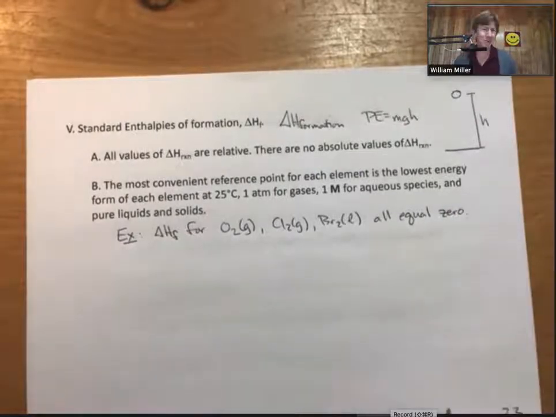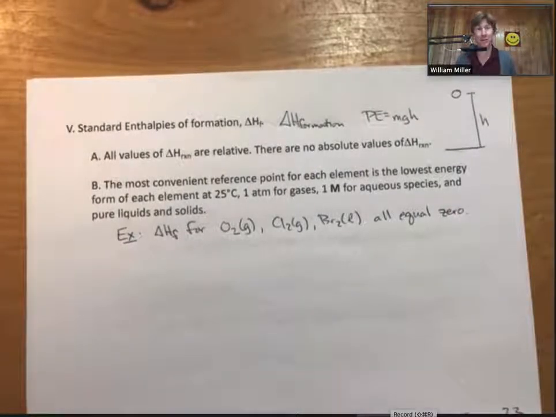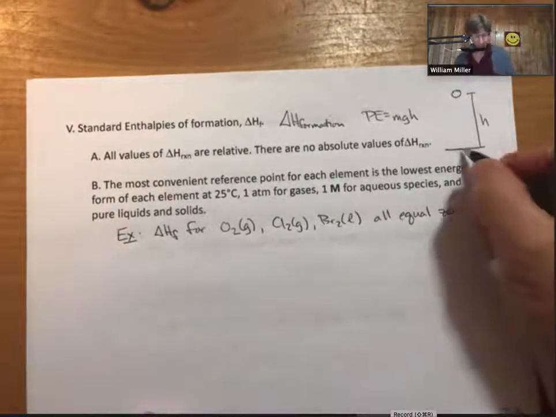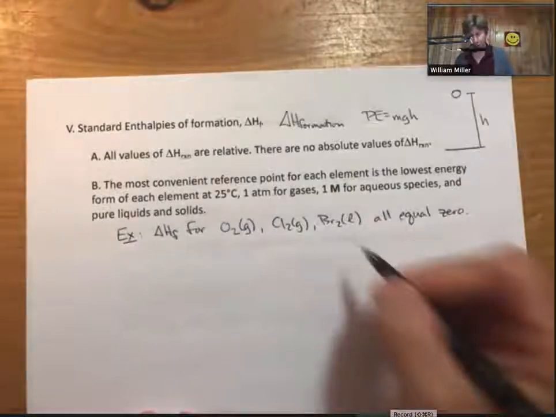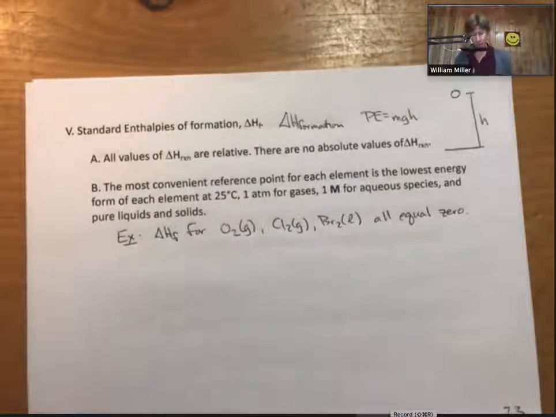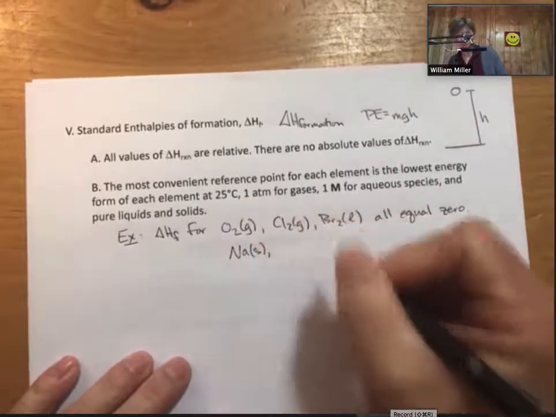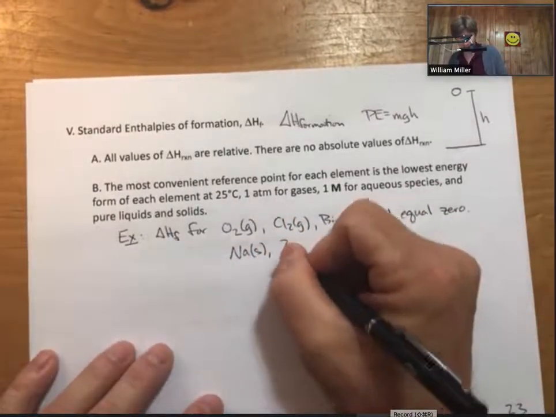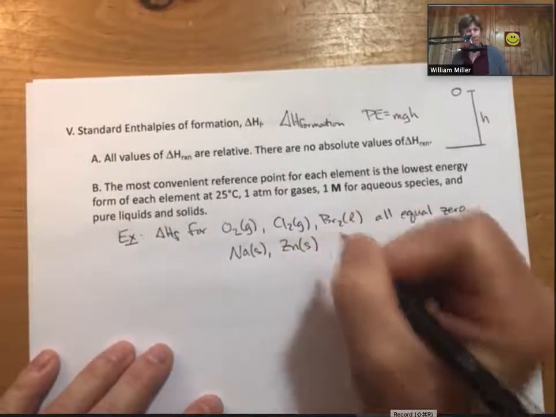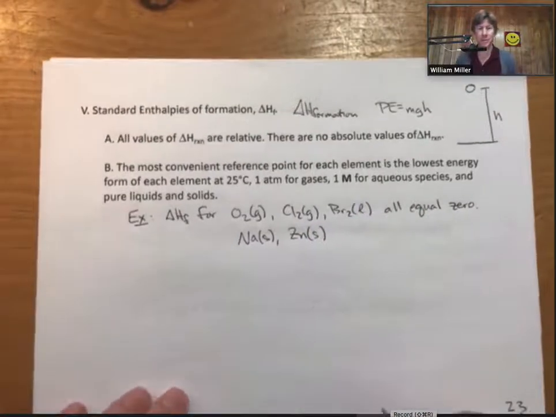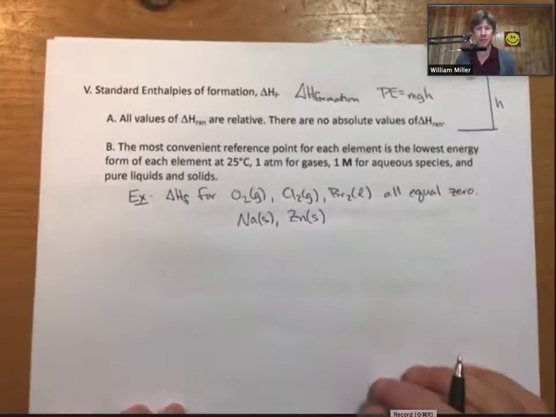And that's by definition, meaning they don't have 0 potential energy, but we are using that as the floor or the 0 point for each of these elements. We could say the same thing for Na solid, zinc solid. Most elements are solids on the periodic table, so most of them go like that.